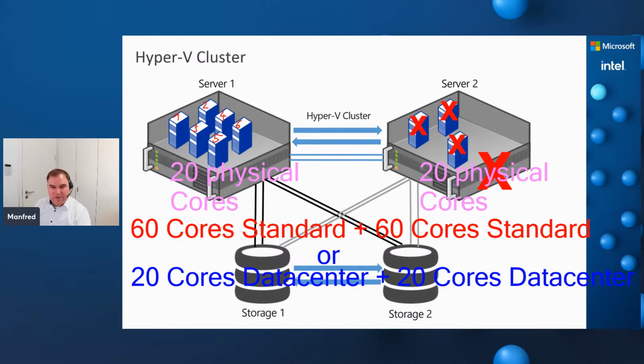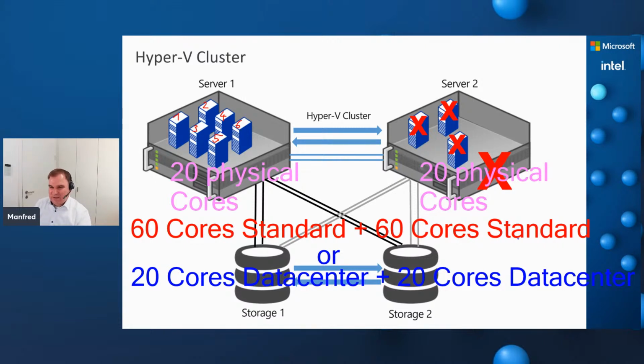The reason why 60 cores Standard is that the Standard licensing, when the host is licensed correctly, includes 2 virtual usage rights. So if I need 6 virtual Windows Server usage rights, I have to license the host 3 times. In my scenario, the host has 20 cores, and so I have to license 60 cores Standard to have 6 virtual usage rights.